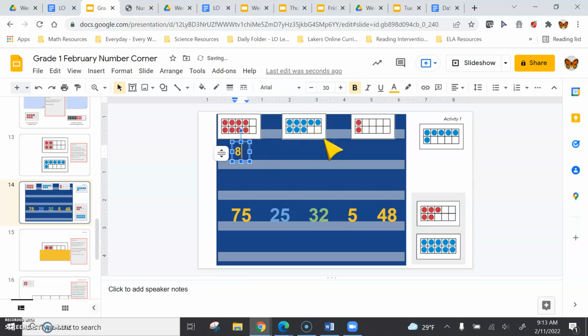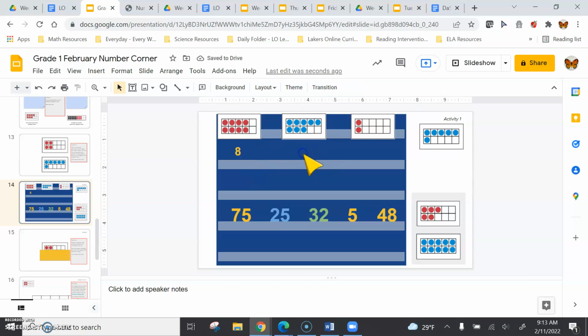Very good. We have 8 of them. And then how many blue dots do we have here? We have 5, 6, 7, 8.